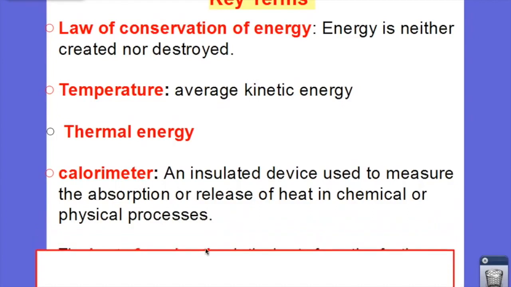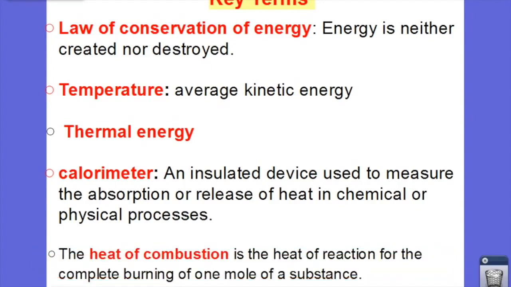A calorimeter is an insulated device used to measure the absorption or release of heat in chemical or physical processes. Last time we did use a calorimeter. We have two different kinds of calorimeters. We have what we call a coffee cup calorimeter.